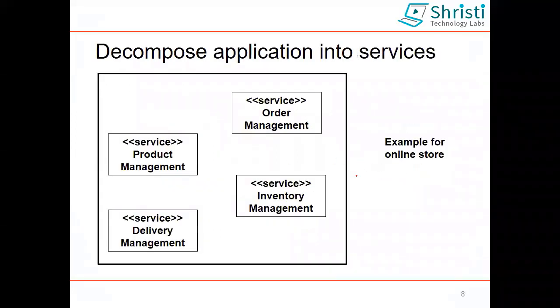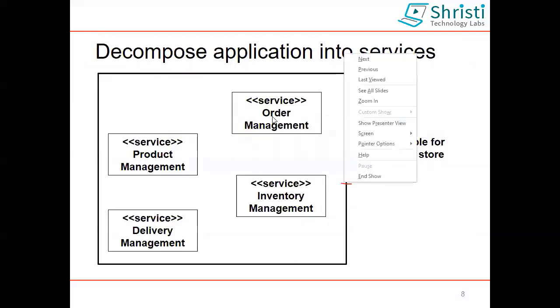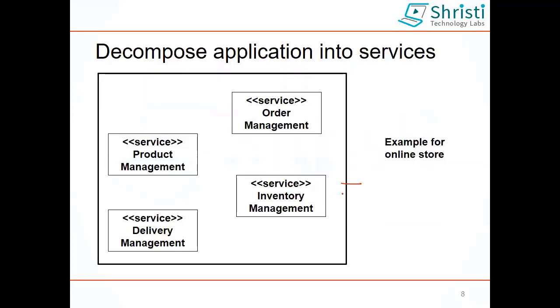If this is a normal monolithic application, each one will be a module, and the whole application will be deployed as an EAR. But when you talk about microservices, this is a service, this is a separate service, this is a separate service. Each service can talk to the others. They are developed and deployed independently.